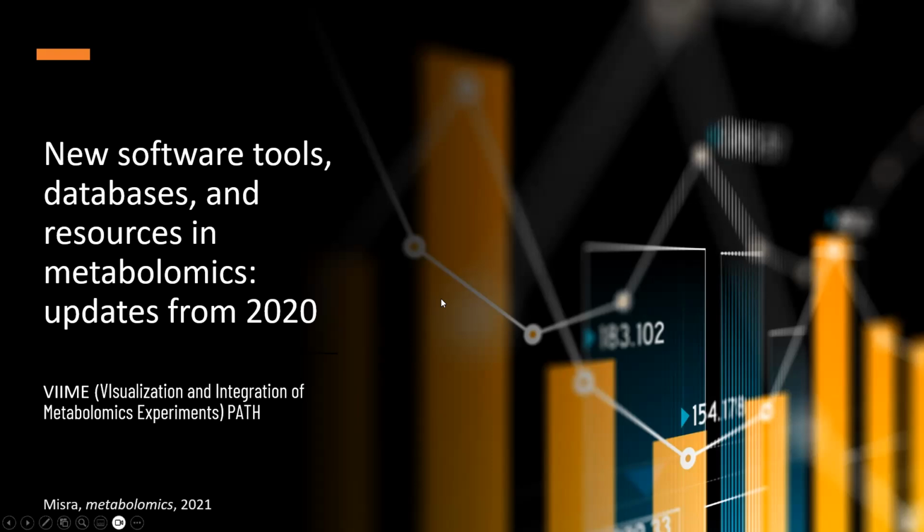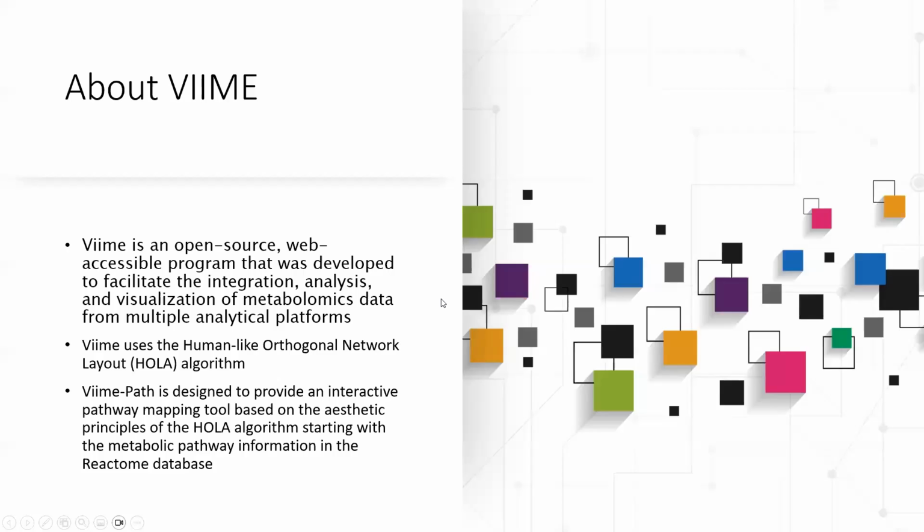So what do we know about VIIME? VIIME is an open source web accessible program that was developed to facilitate the integration, analysis and visualization of metabolomics data from multiple analytical platforms. So if you have data from NMR and also metabolomics data from MS, it could be LCMS, it could be GCMS, what VIIME does is to integrate the data so that you have one whole data set from both platforms.